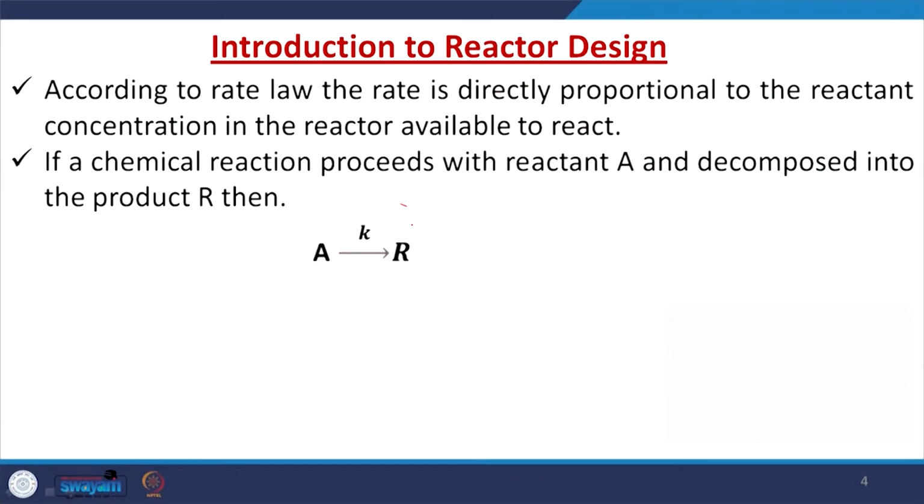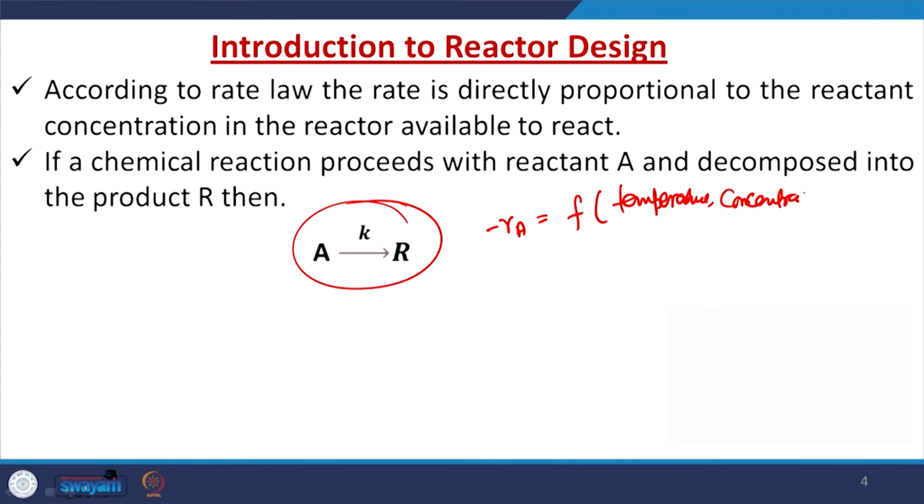Now, if a chemical reaction proceeds with the reactant A decomposing into the product R, then let us say that this is my general equation. So, in that case, minus rA is a function of temperature and concentration, or sometimes it is represented as minus rA equals k CA to the power n.